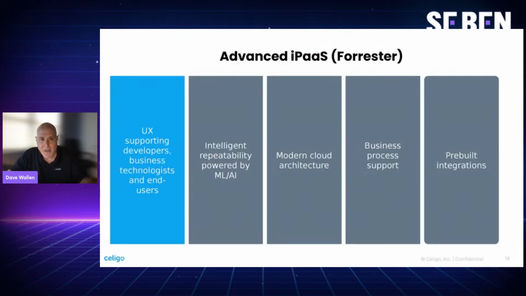So here are the differentiators that Forrester calls out to differentiate an advanced iPaaS from a traditional iPaaS. Number one, the key is really having a user experience that's going to support the developers and make them more productive, provide capabilities for business technologists to be part of this process, to create and manage integrations, and even some level of functionality for end users to be part of that.